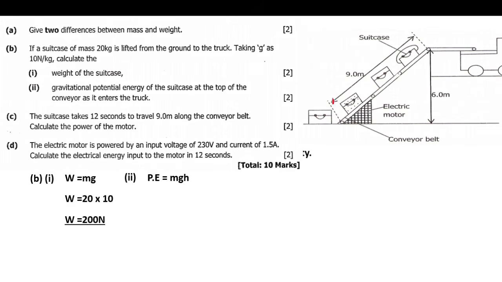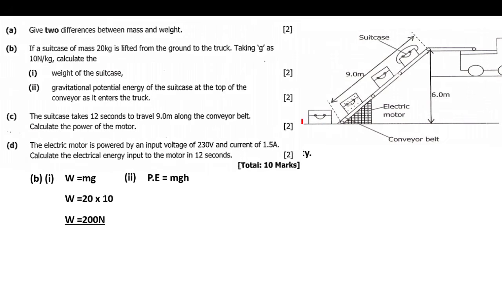In this case, we will not consider the actual distance through which it moves, because the actual distance here is 9.0 meters. But when we are dealing with potential energies, we just consider the 2 levels of the suitcase from the ground to where it is now.